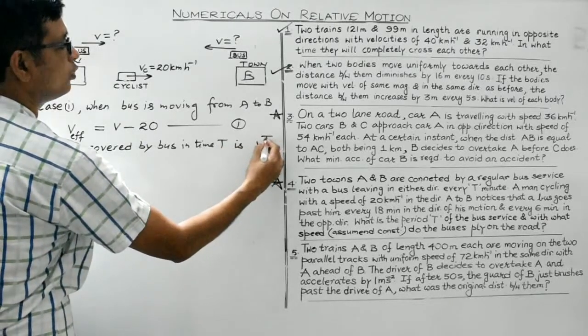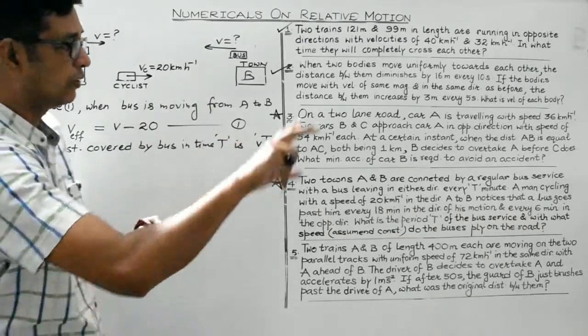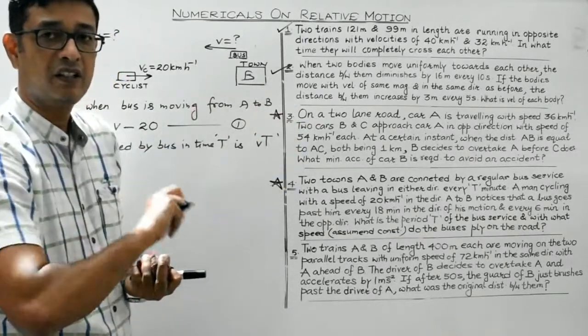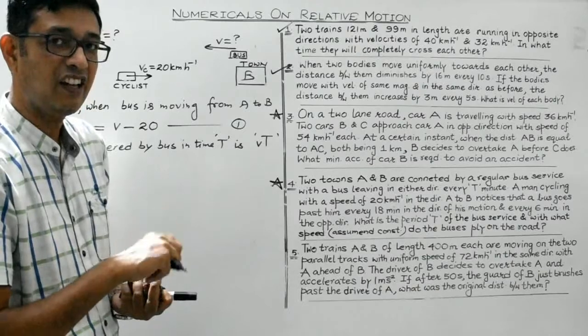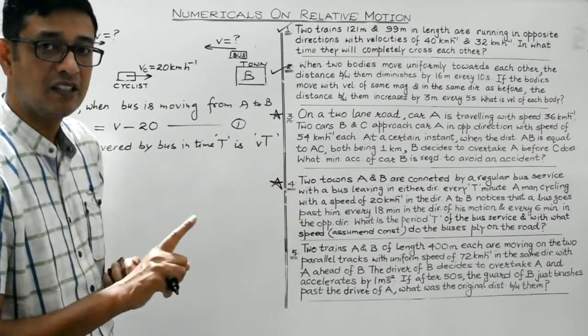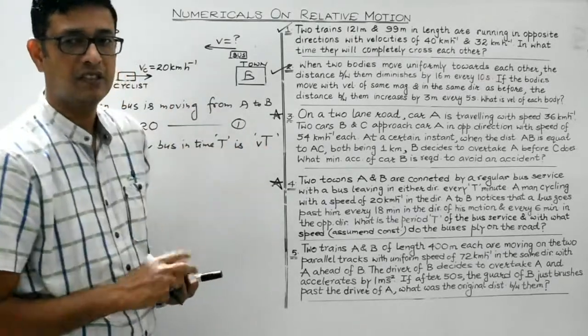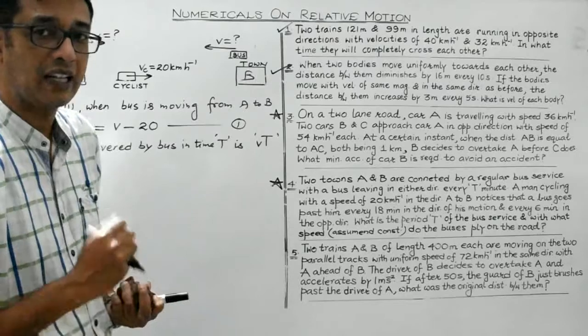It will be V into T. Clear? T is the frequency. After every T minutes, a bus leaves city A as well as city B in either direction. So in time capital T, the distance covered by the bus would be VT. Simply, distance is equal to speed into time.